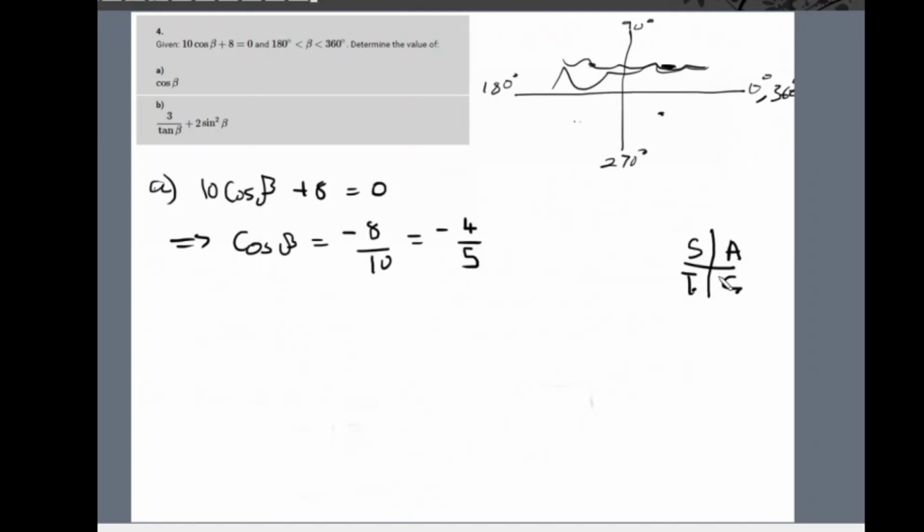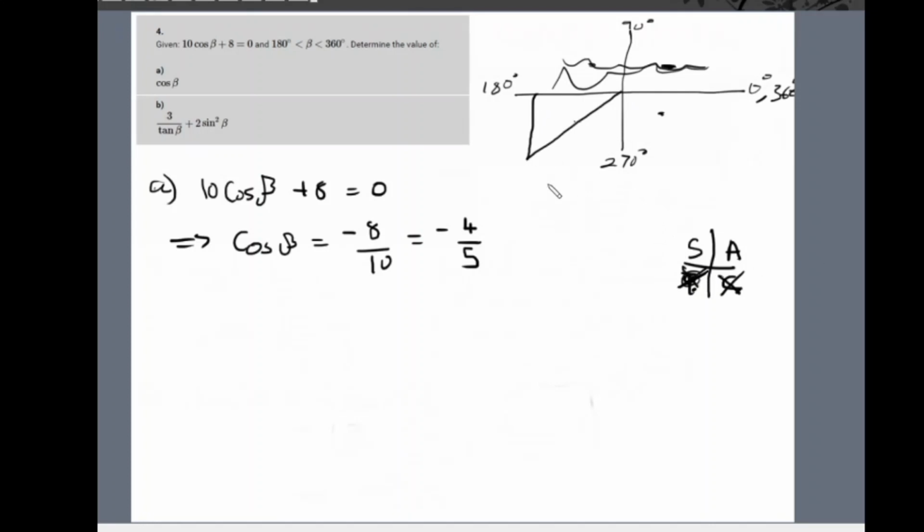But we cannot be in the fourth quadrant because the value of cos beta is negative, so it means we are in the third quadrant. We are in that quadrant there, right?